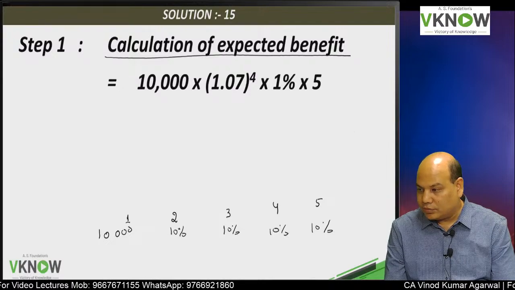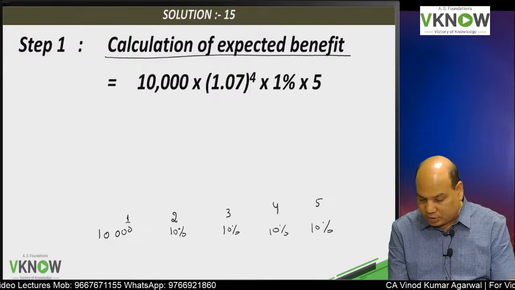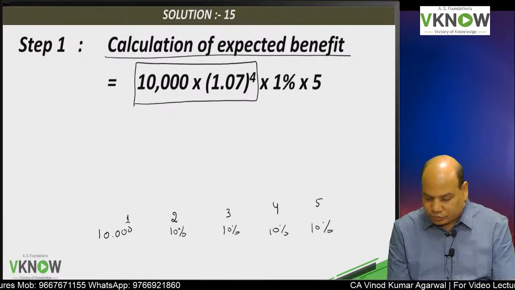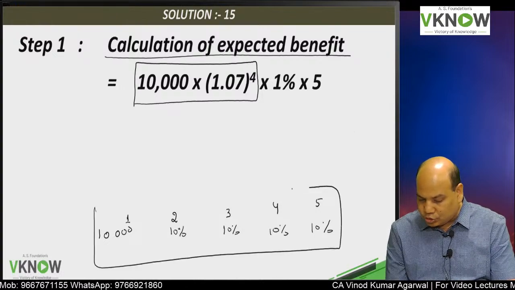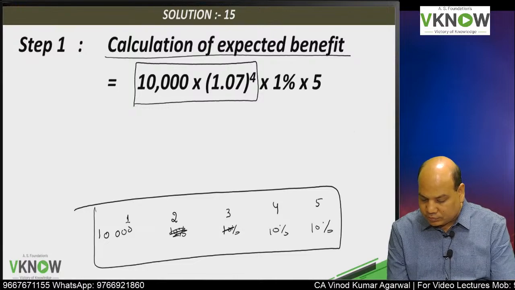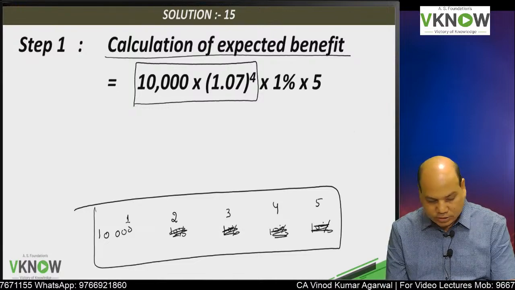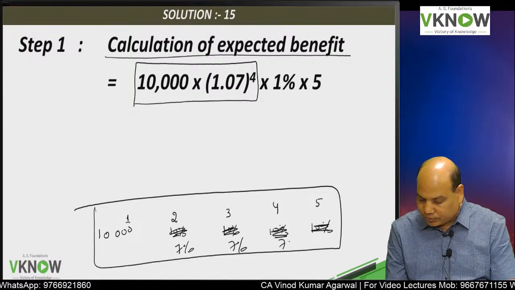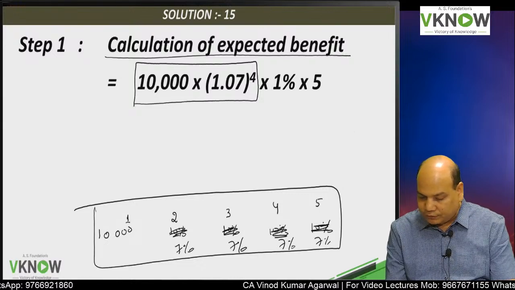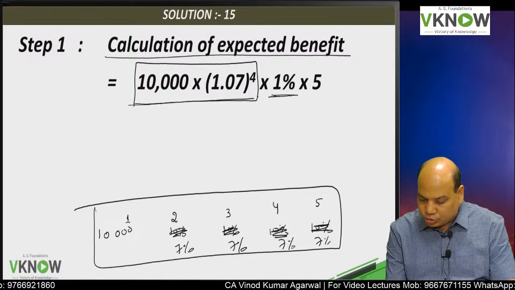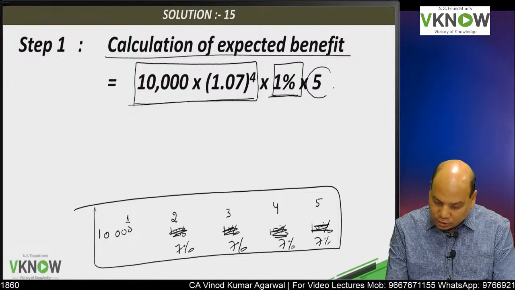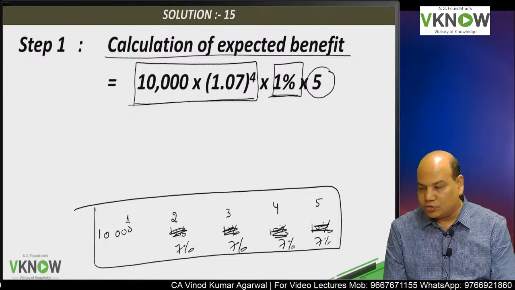So the expected benefit will be, first you compute the last drawn salary, 10,000 into 1.07, sorry, again I made the same mistake, 7% will be the growth rate, for 4 years, into 1% of the last drawn salary and into the number of years of service.